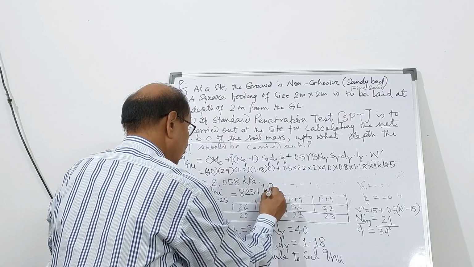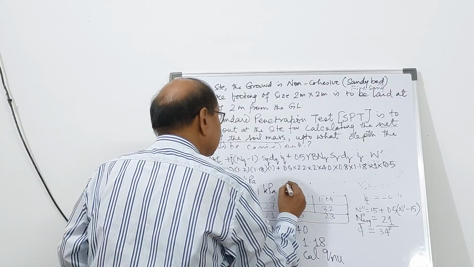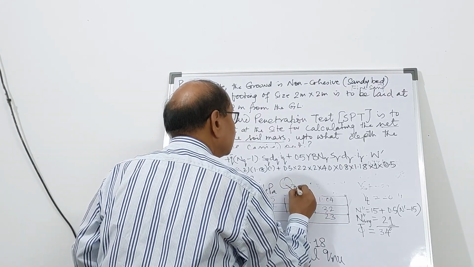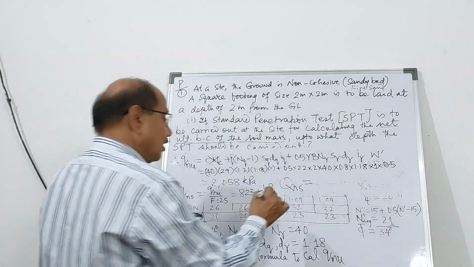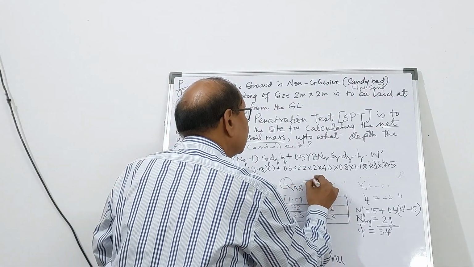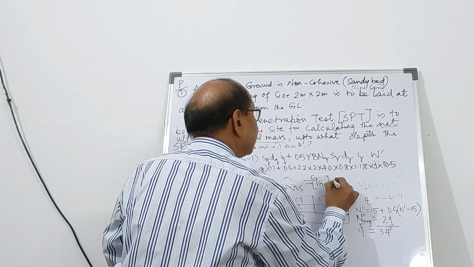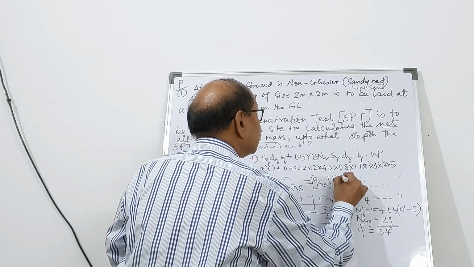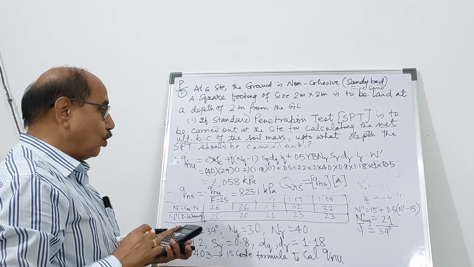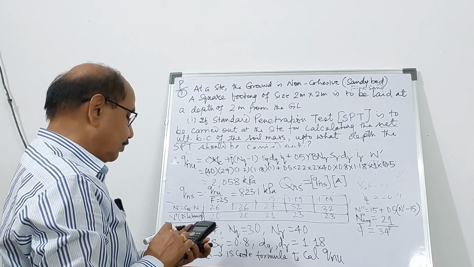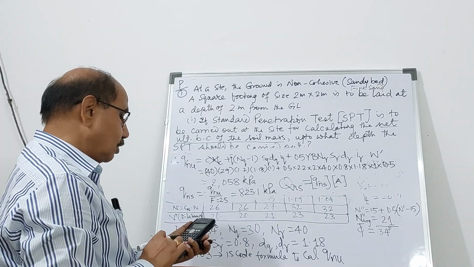kilopascal. So what is the net safe load that you can apply? The net safe load that can be applied will be this net safe bearing capacity multiplied by the area of the footing. So the area of the footing is 4. So net safe is already known to you, multiplied by 4.